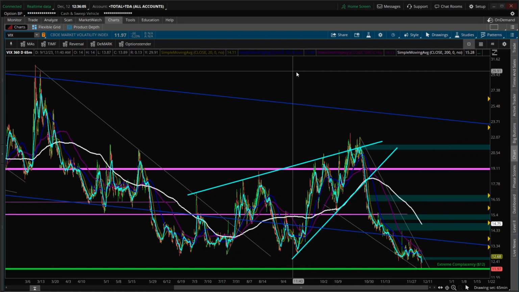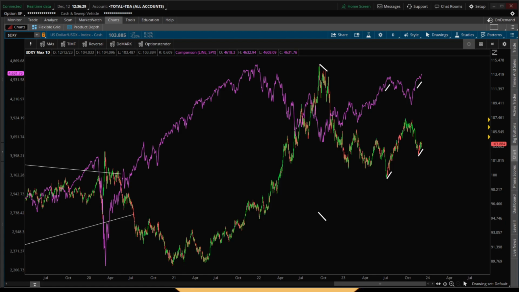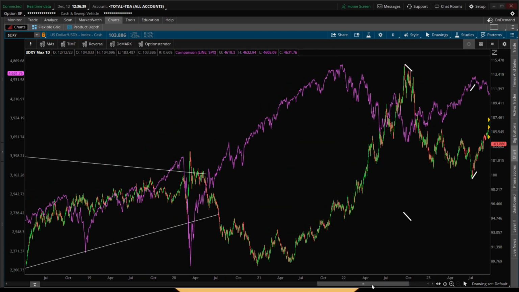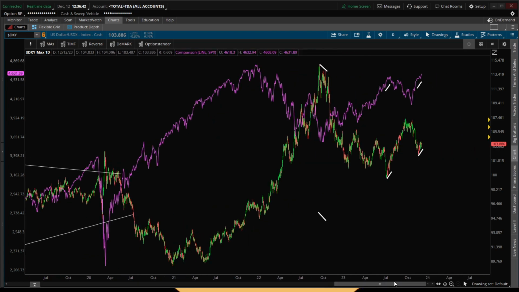Okay, now I'm going to go ahead and switch over to the comparison. Okay, so here's the comparison chart that I want to show you with the dollar. I know that these lines don't show up everywhere around here, but okay.